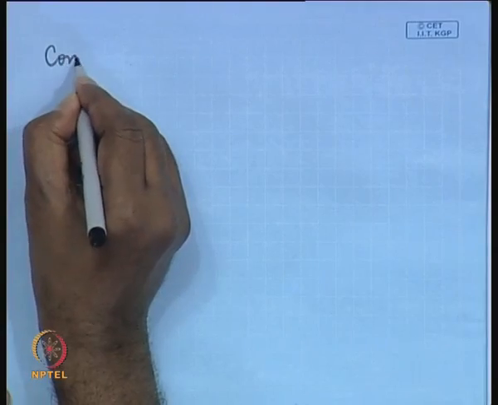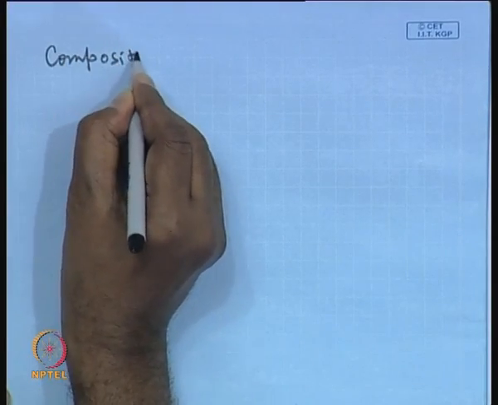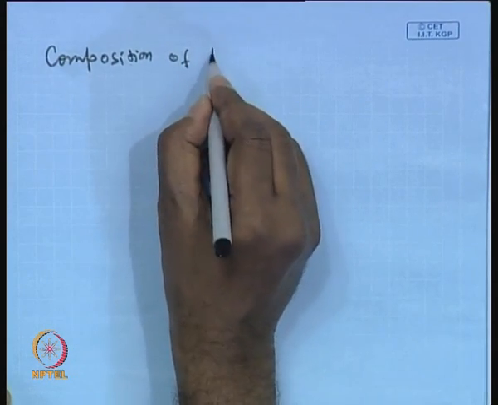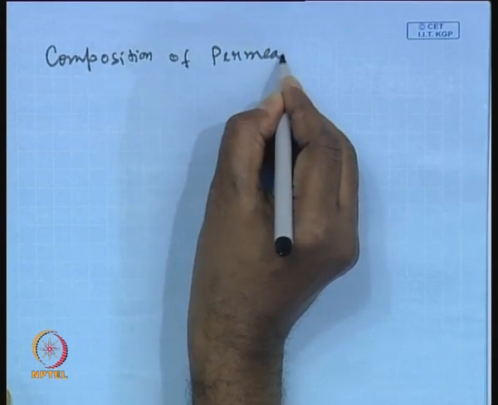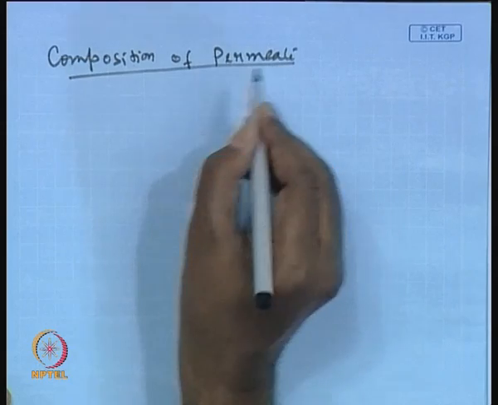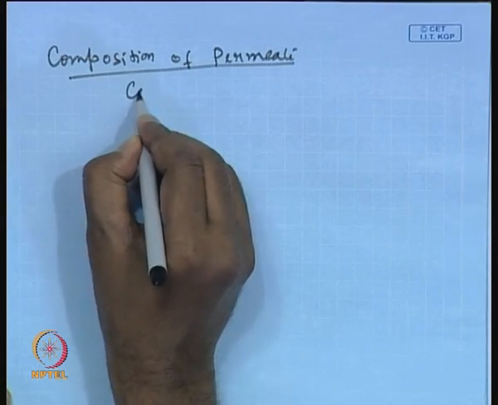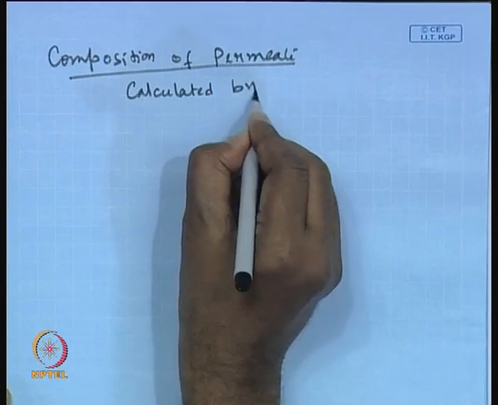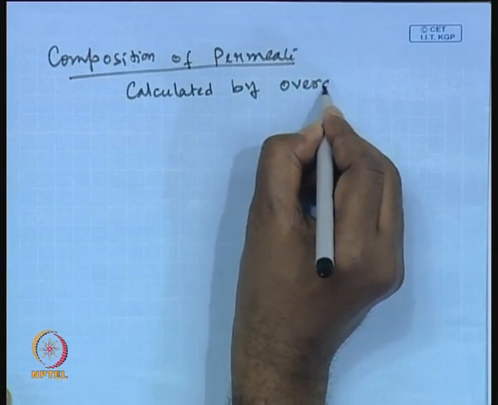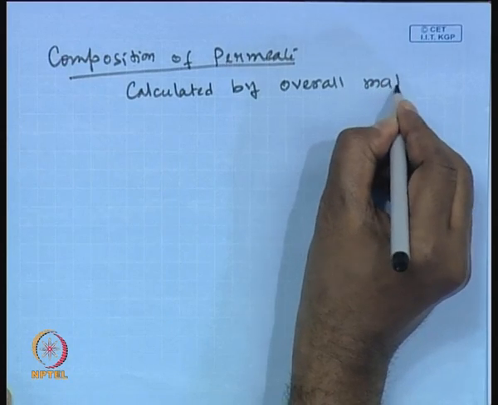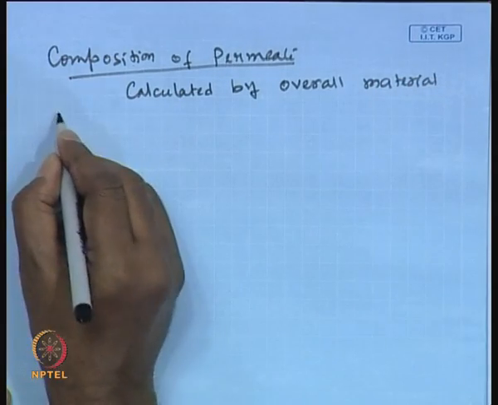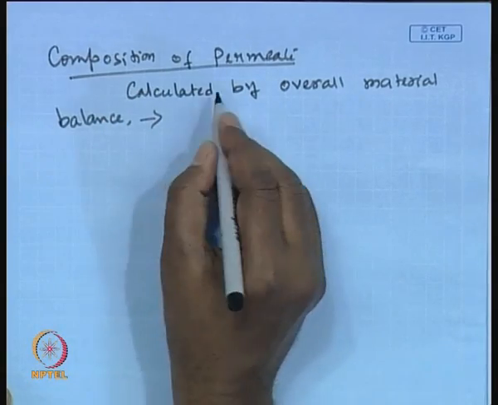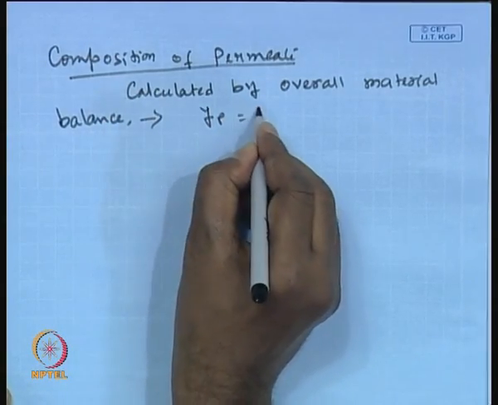Composition of permeate is calculated by overall material balance. Y p, you can calculate using that.